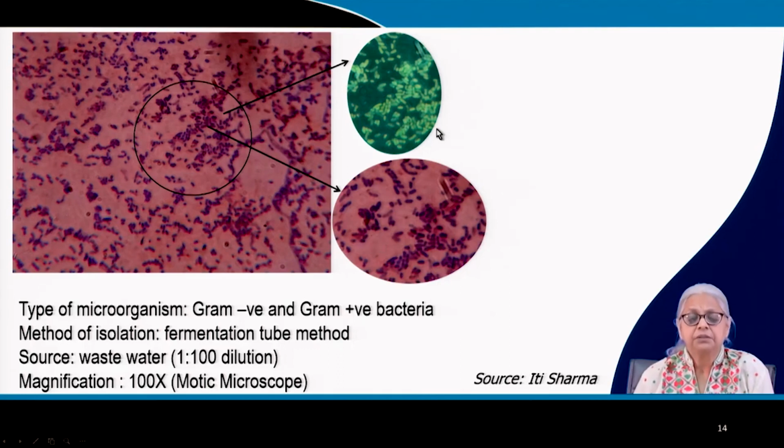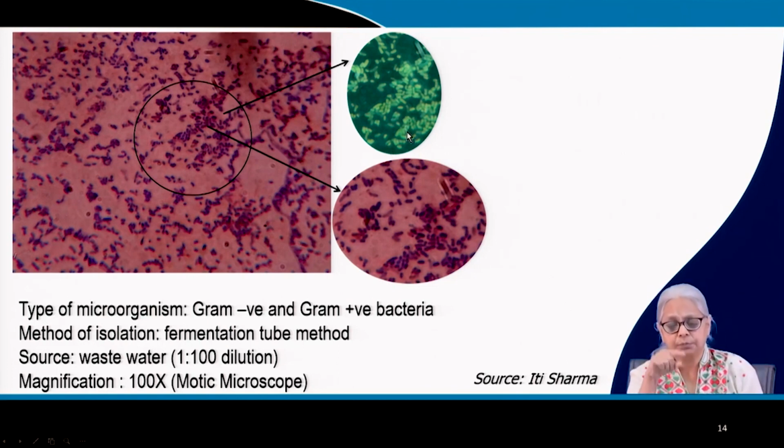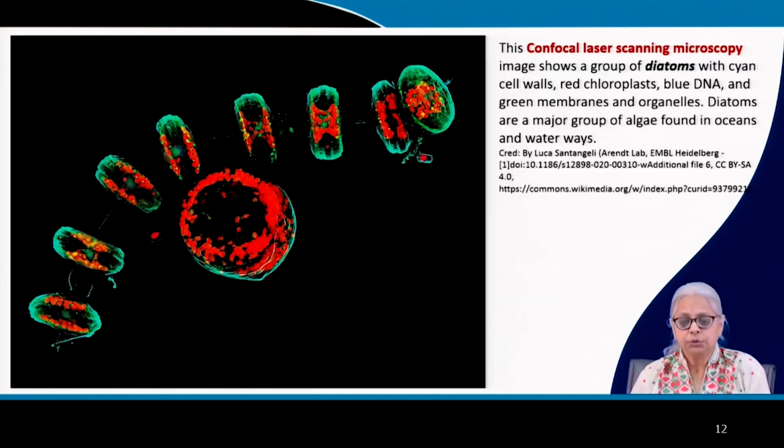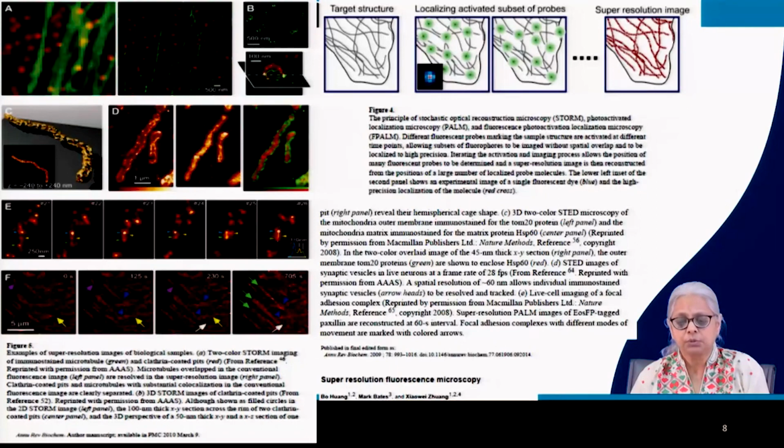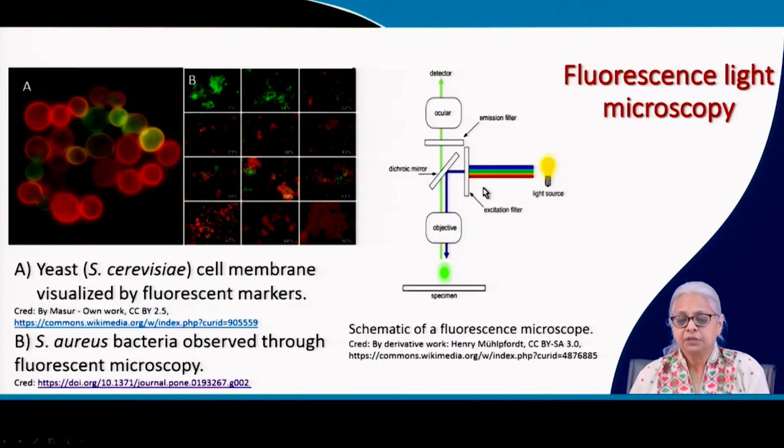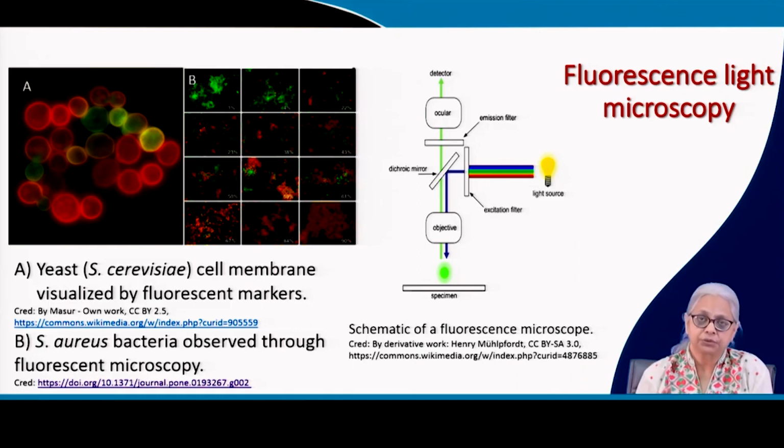And under the filter, so this fluorescence microscope has many options. It's got a bright field option, it's got a dark field option, and a fluorescence option. Now in fluorescence microscopy, we also use something which I did not talk about, and that is a filter. Now this filter is the excitation filter, which allows only certain wavelengths of light to pass through.